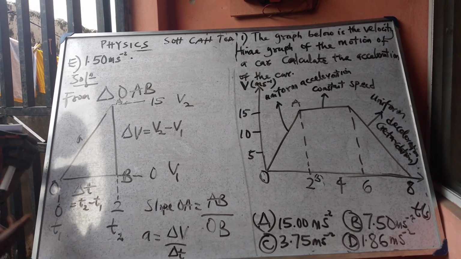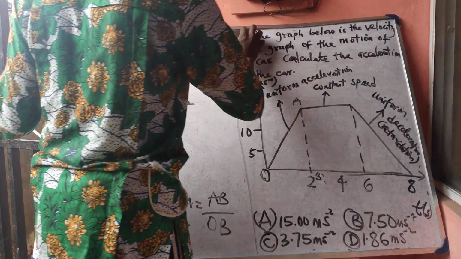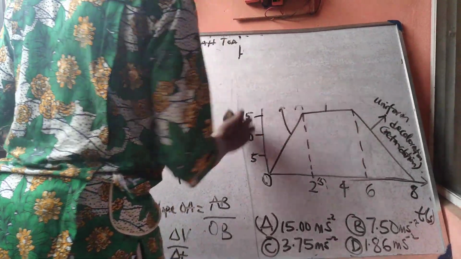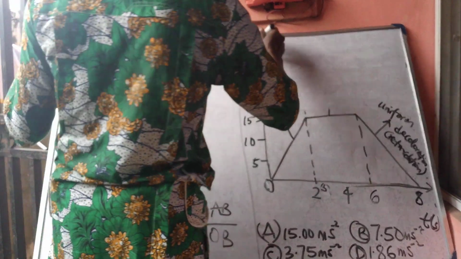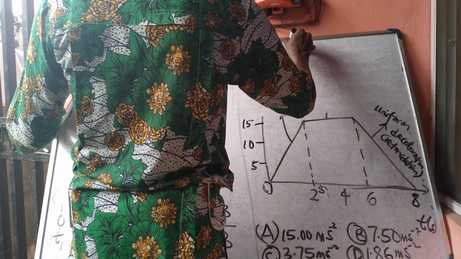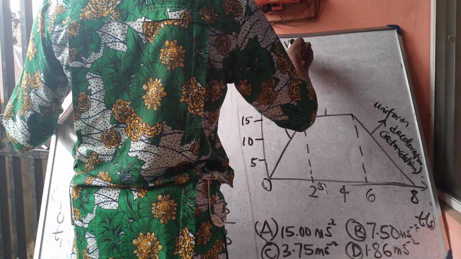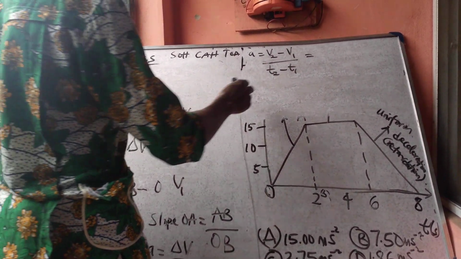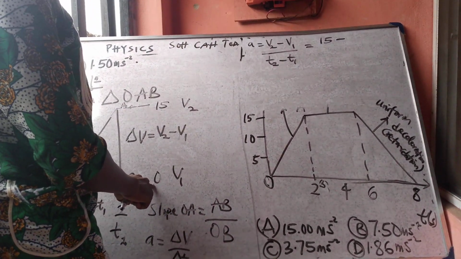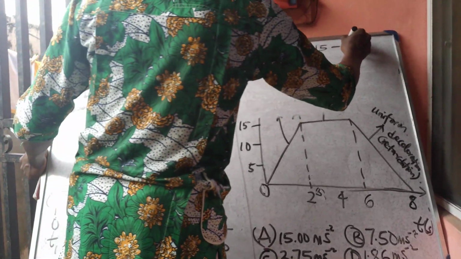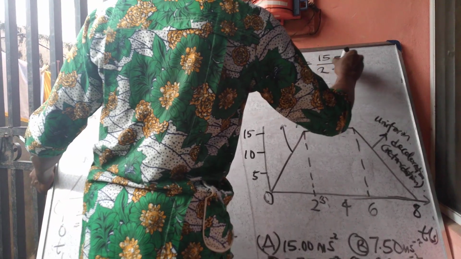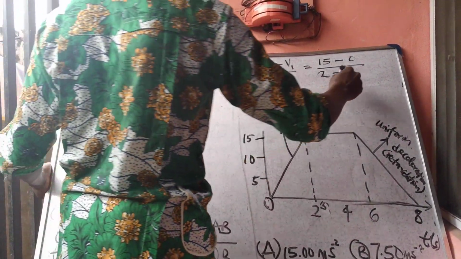So A will be equal to V2 minus V1 over T2 minus T1. The value of V2 here, which is the maximum velocity, is 15, minus the initial velocity, which is 0, over T2, which is 2, and T1 is 0.